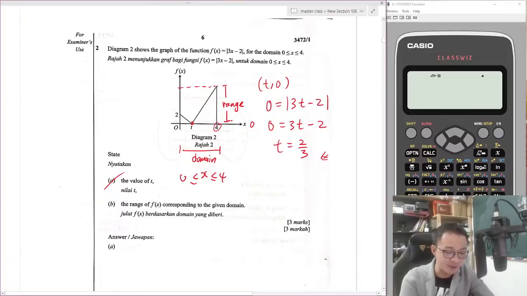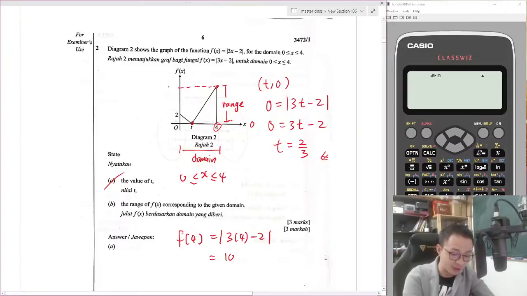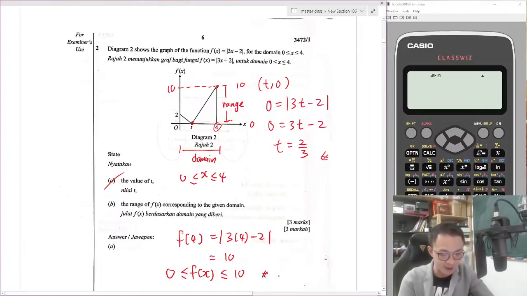I substitute 4 to find the y value: f(4) equals modulus of 3 times 4 minus 2, so I get 10. The highest is 10, so it's from 0 to 10. My f(x) is between 0 and 10. Sometimes when I write the range, I don't write the x, I just write f is between 0 and 10. Both should be correct here.